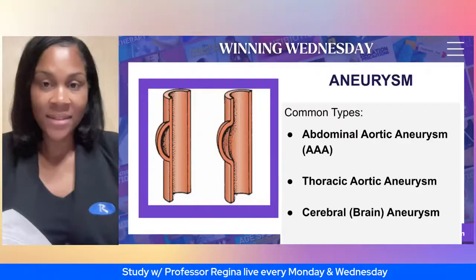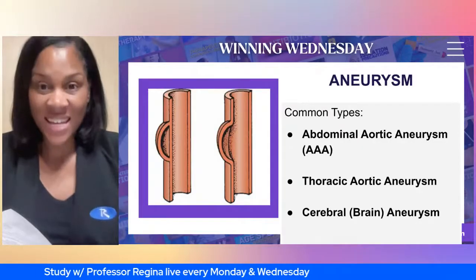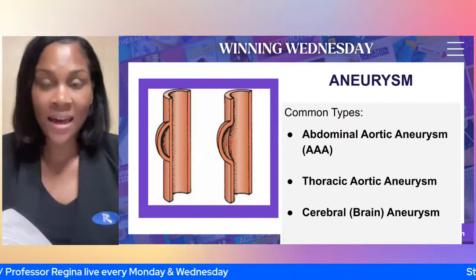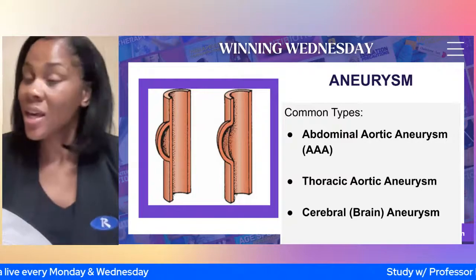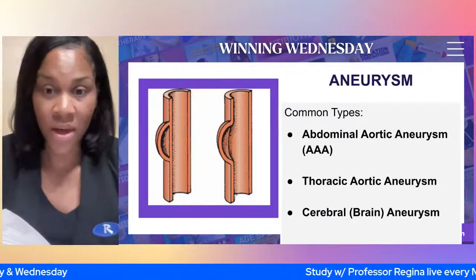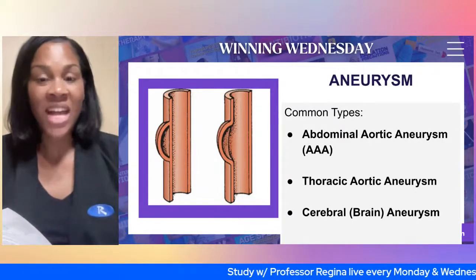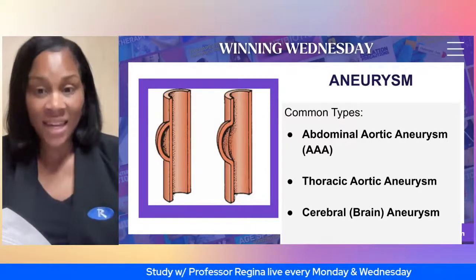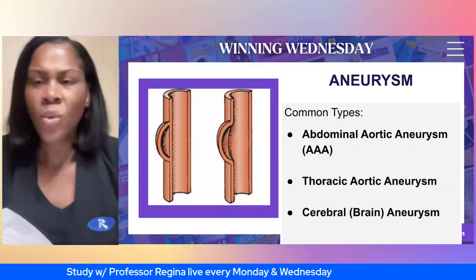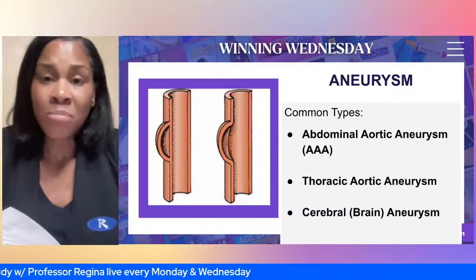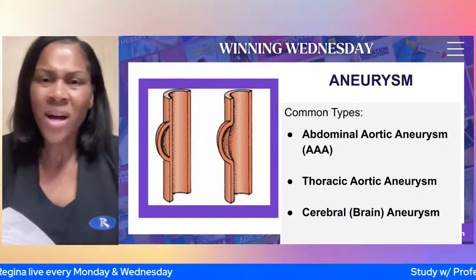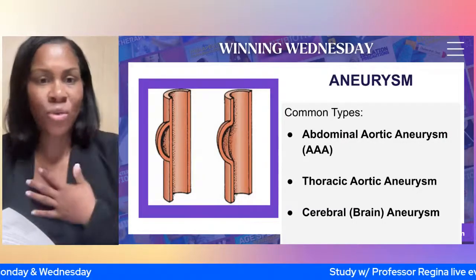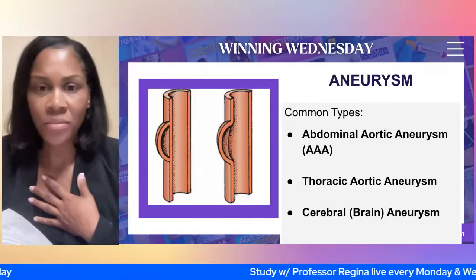So that is the kidneys, right? The legs. This is a huge issue. If a patient has a thoracic aortic aneurysm, what type of symptoms would they have? What are the complications of something in the thoracic region?